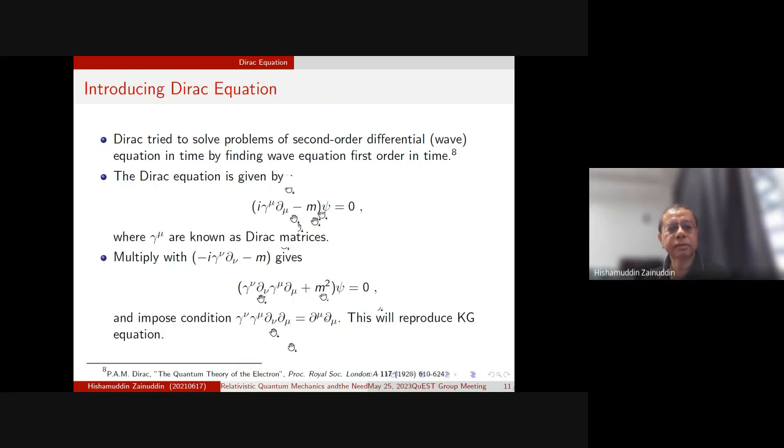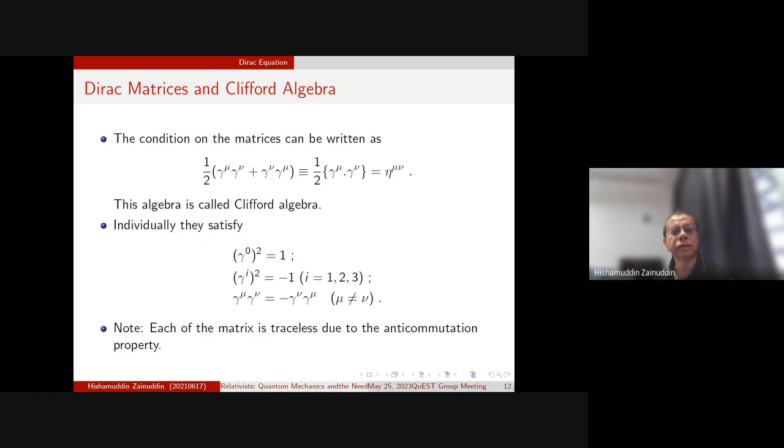That kind of condition is the condition we have for the Dirac matrices, which people are now quite well versed in.